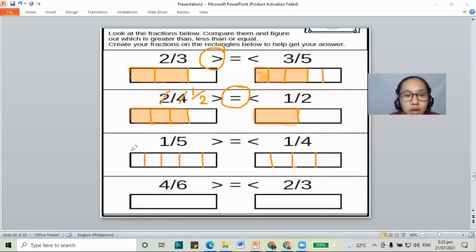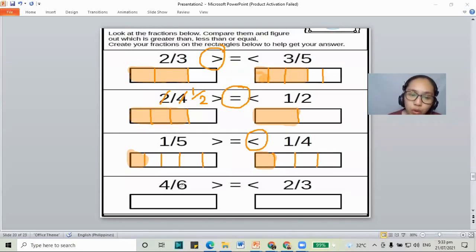Okay, let's color 1/5 because there are 5 parts, but then you only need 1. And you have 1/4. Which is bigger, 1/5 or 1/4? It should be 1/4, so the alligator will bite 1/4.